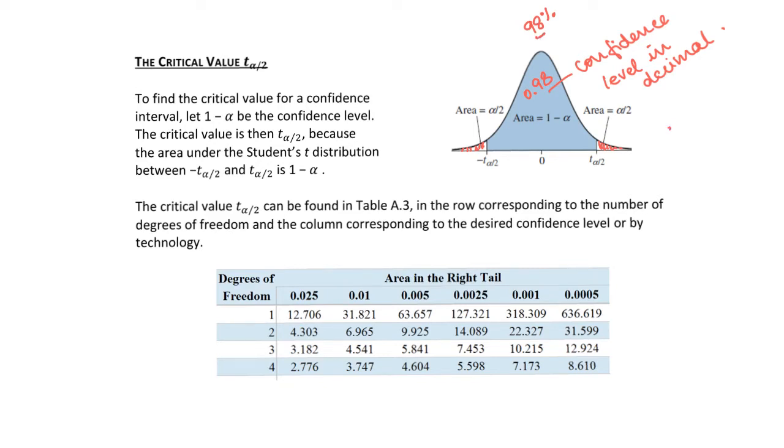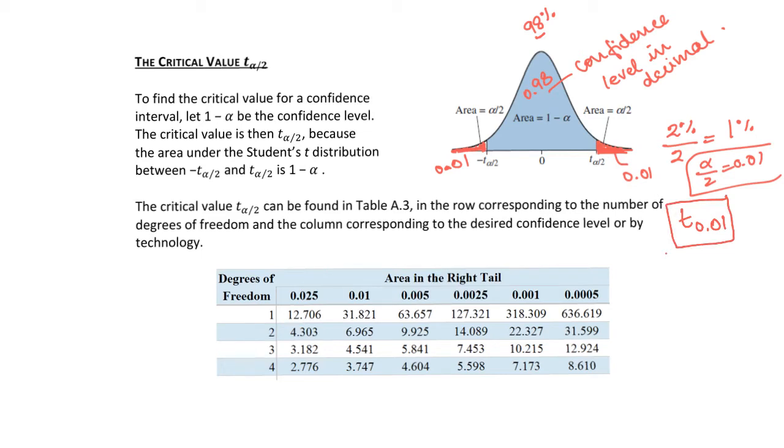So that will be 2%. Since these two areas are the same, the area of one of these will be 2% divided by 2, that is 1%. So 1% in decimal is 0.01. So the area of each shaded part will be 0.01. Or I can say alpha over 2 is 0.01. So the critical value is t 0.01.